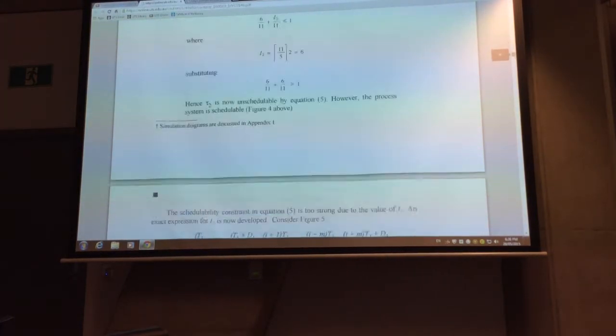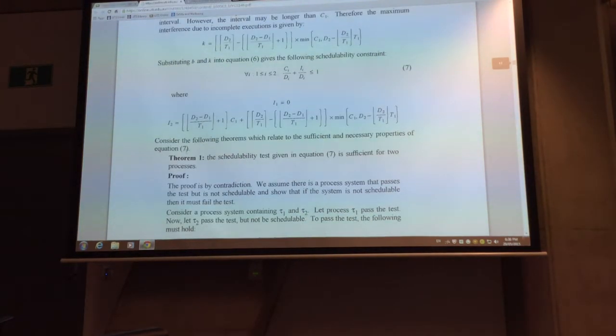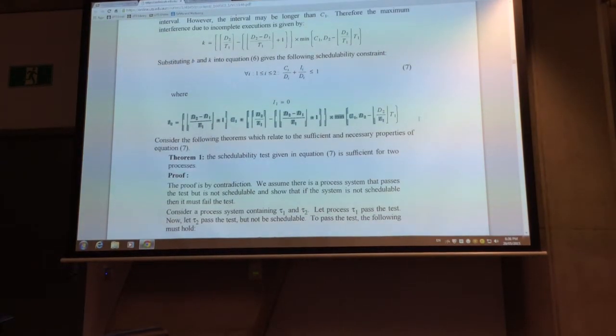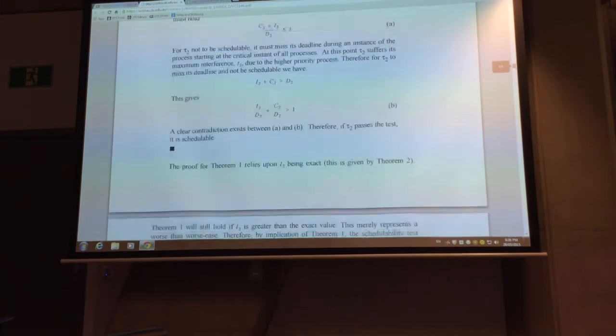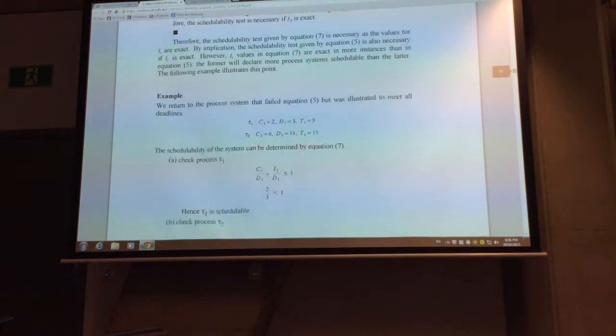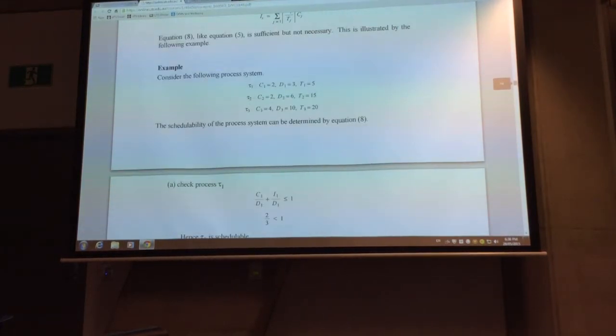So he improves upon that by creating a more precise one. This one's still not actually exact. It's more precise, and it'll do us. So a more complicated but more precise expression there. And then that, of course, led him to the specification for the general case of an arbitrary number of processes.